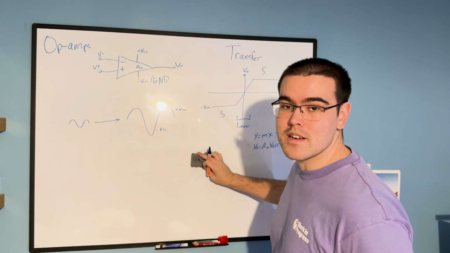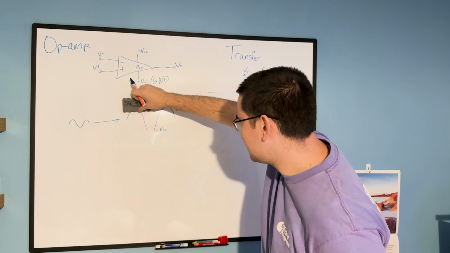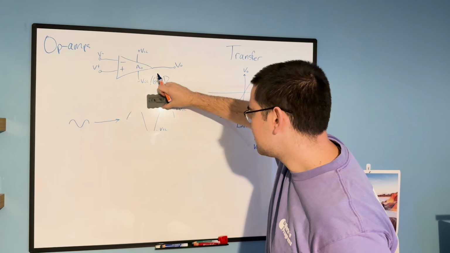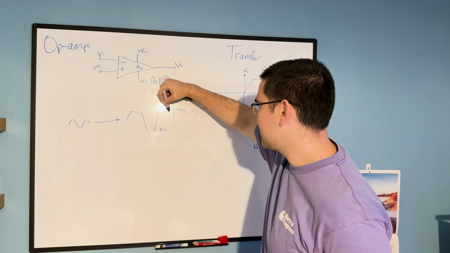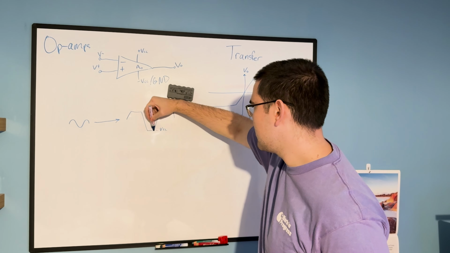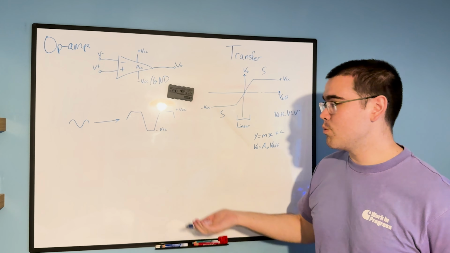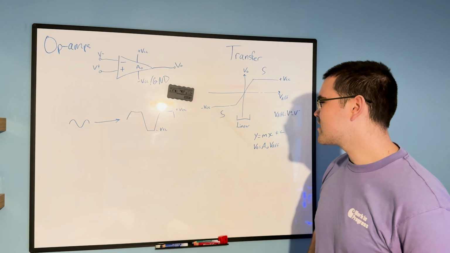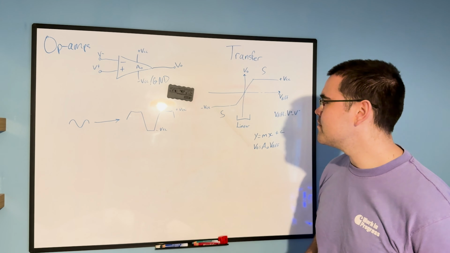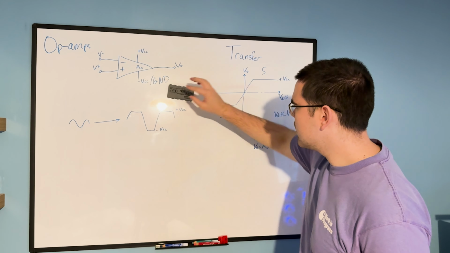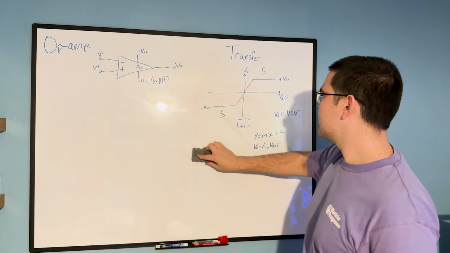What does that mean? That means it's been saturated at these limits, so it can't exceed these supply rail limits. So your output would actually look like this, which is obviously, as you might guess, unideal. We don't want that to happen. It's kind of a poor case if that were to happen. That's one thing I want to make clear.